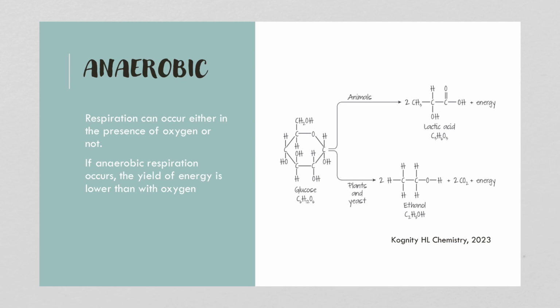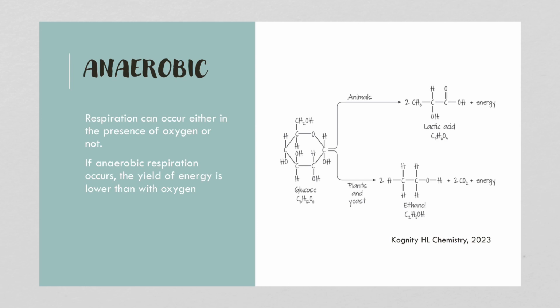And then plants and yeast convert to ethanol, and it releases 2 carbon dioxides and energy, and it does the same thing. That ethanol will convert NADH to NAD+, which then allows glycolysis to continue. But in both cases, you end up with very minimal energy per mole of glucose.